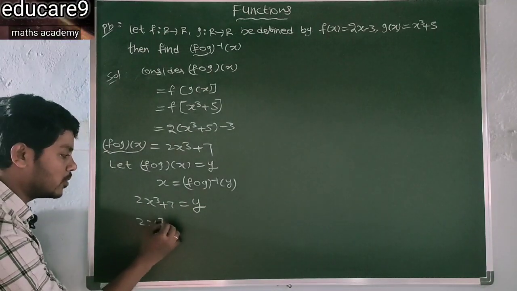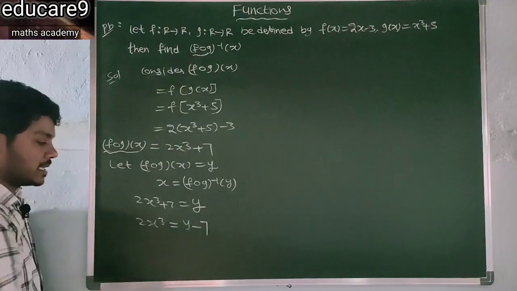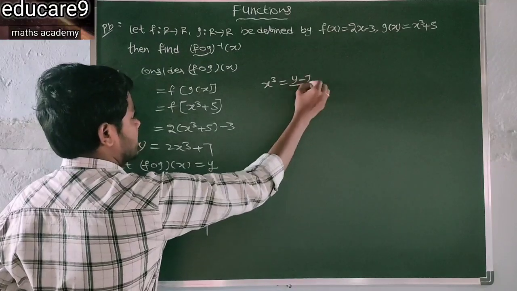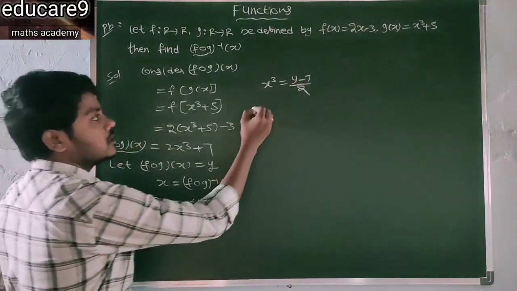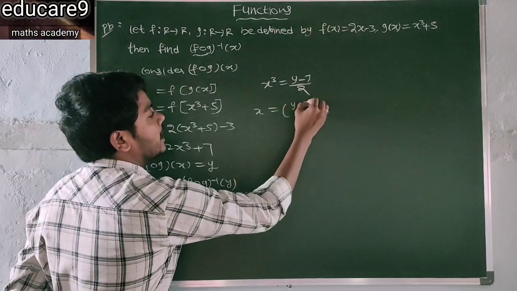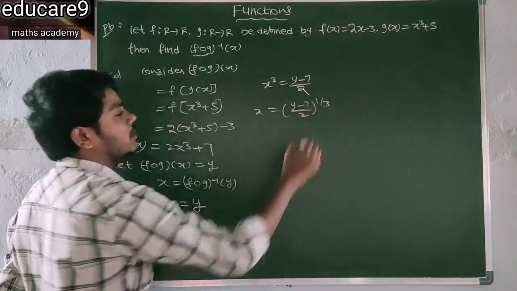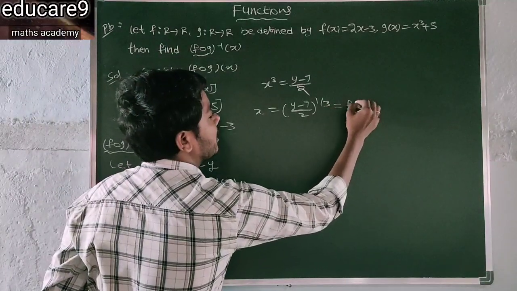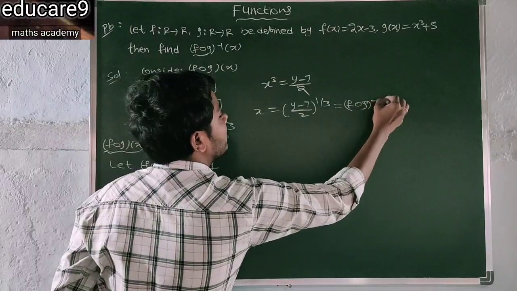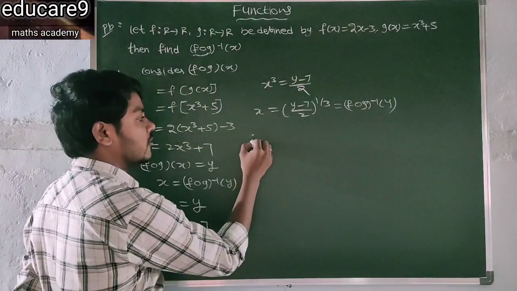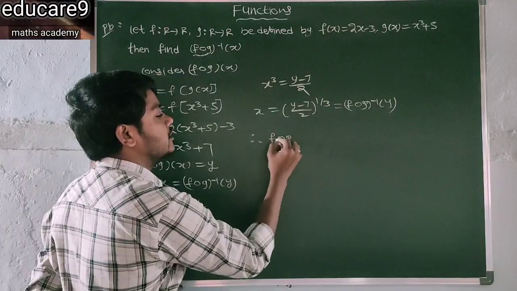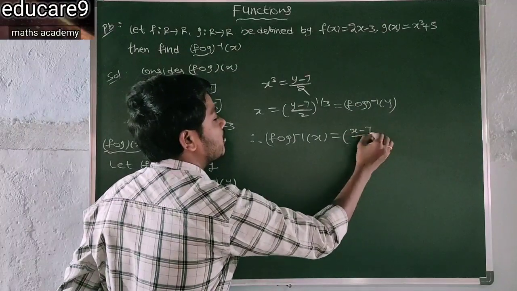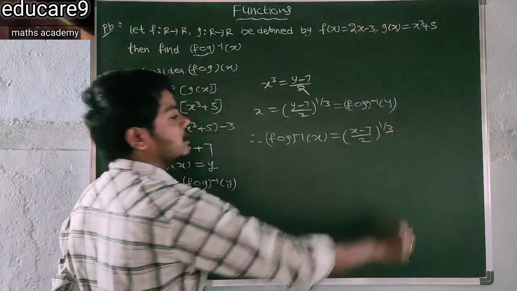From this, 2x cube is equal to y minus 7. So what is x cube? (y minus 7) by 2. So x is equal to ((y minus 7) by 2) whole to the power of 1 by 3. But x is (f circle g) whole inverse of y. So therefore, (f circle g) whole inverse of x is ((x minus 7) by 2) whole to the power of 1 by 3.